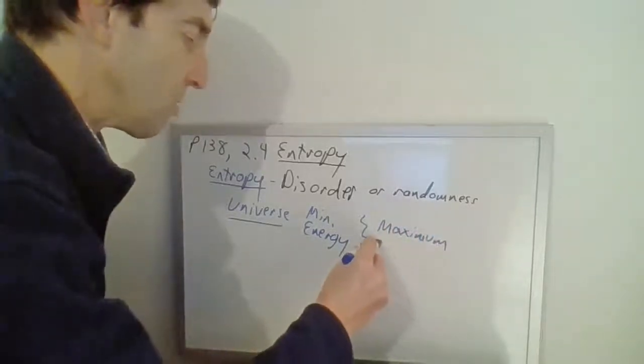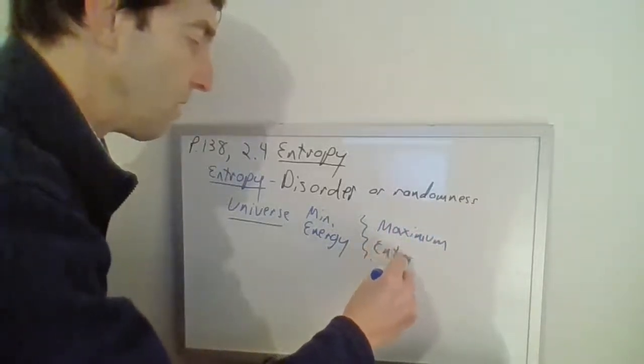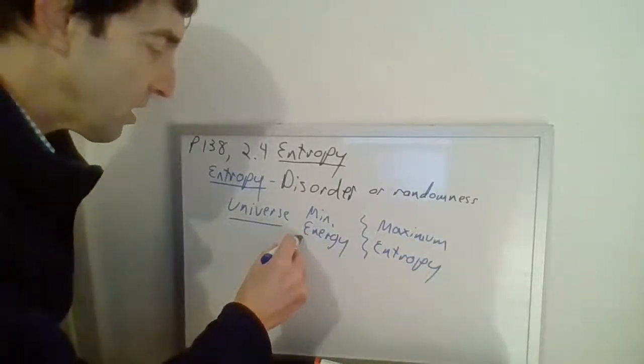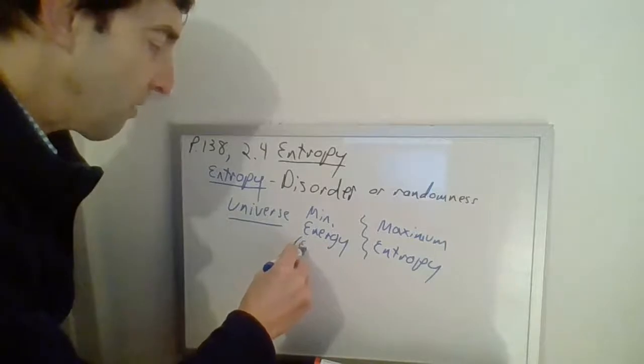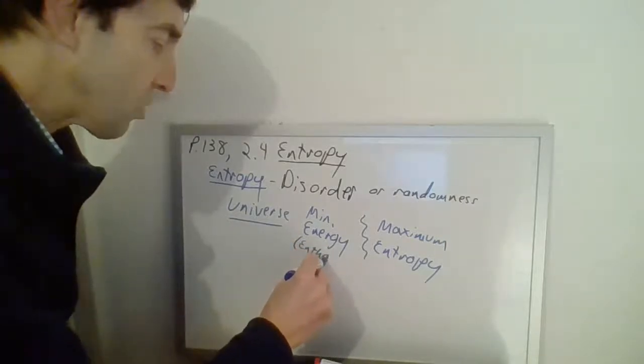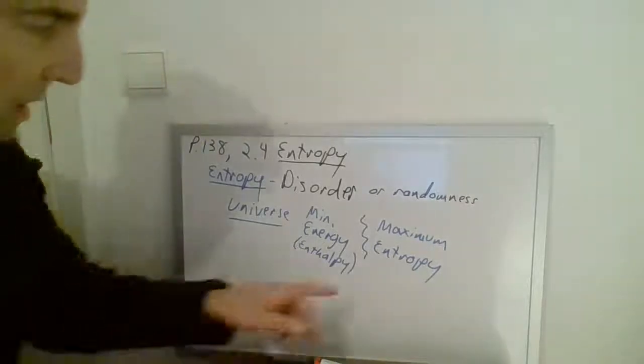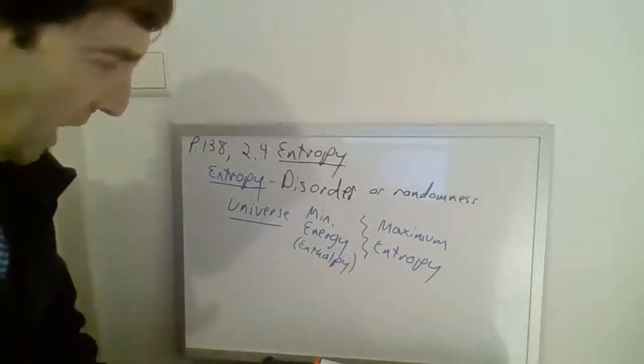Well, let's call it what it is, maximum entropy. The minimum energy, we've already talked about, that's called enthalpy. It's the heat of a reaction. The maximum entropy is the opposite.